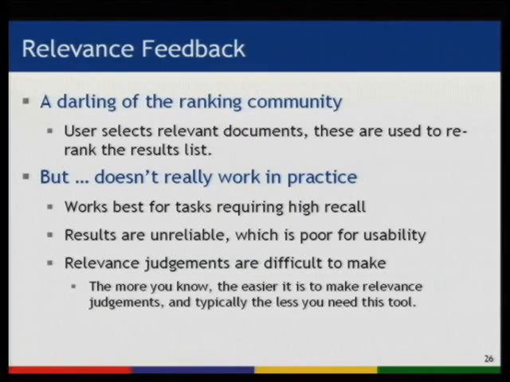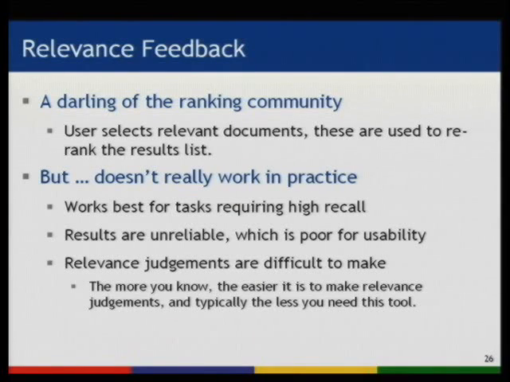Also, the results are unreliable, and throughout the book I point out this fact that, at least for search and probably for a lot of other interface situations as well, unreliability in the quality of the response is seen as a negative by users. They'd rather have it be simpler and reliable than complex, sometimes helpful, but unreliably so, and sometimes very poor. And so you often get punished when you try to do something that has unreliable results.